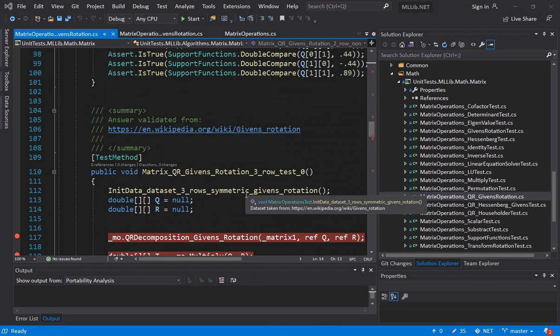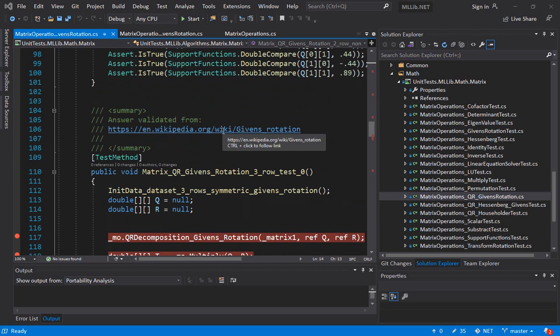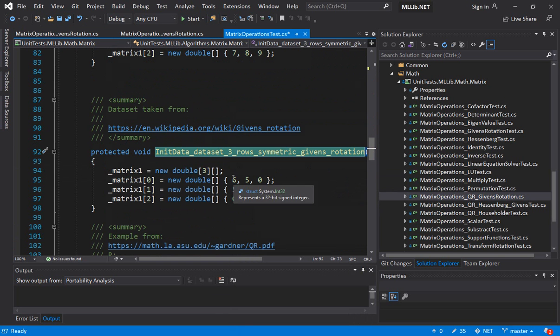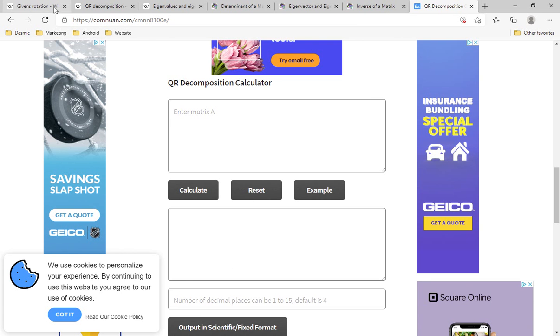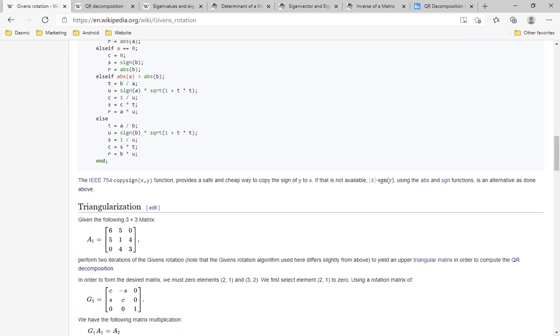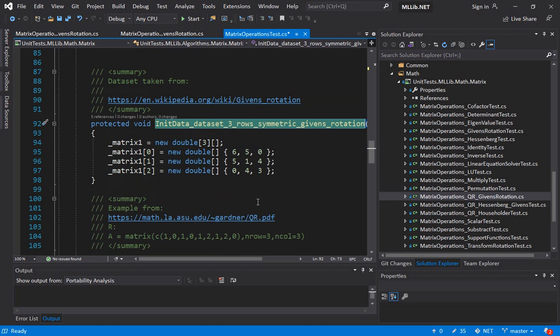Now for Givens rotation, we have given multiple data sets. Here's an example that's taken from the Wikipedia article I showed you. It says init data set. If you go to the implementation of this init data set, this essentially mirrors what we have here. So 6, 5, 0, 5, 1, 4, that's the matrix that we have defined.